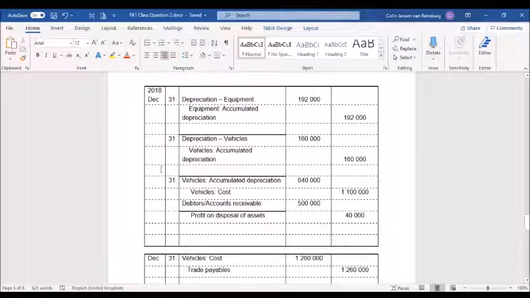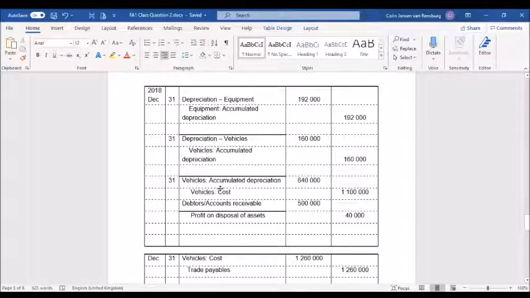There, in our third general journal entry, we see that we debited vehicles accumulated depreciation by 640,000 and we've credited the cost. So that can only mean one thing. If you credit cost and if you debit accumulated depreciation, it means you have de-recognized an item of property, plant and equipment.